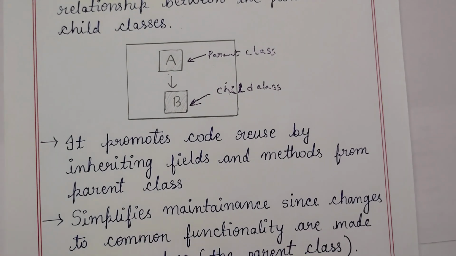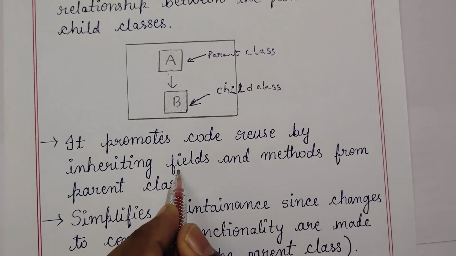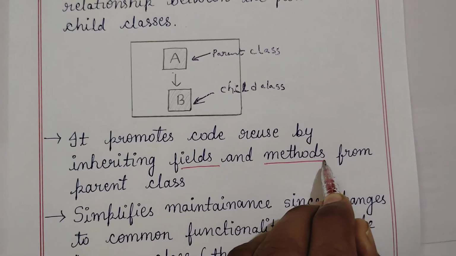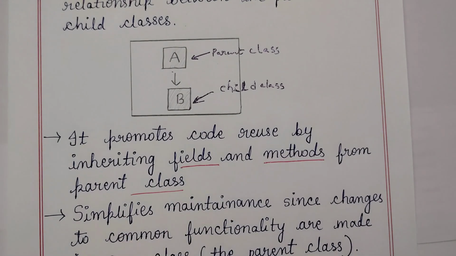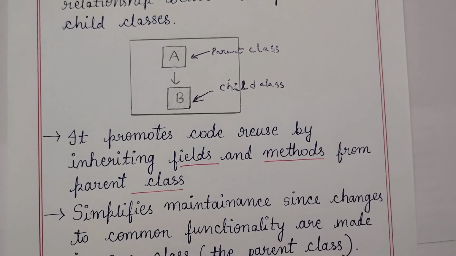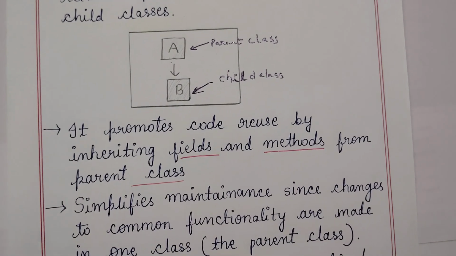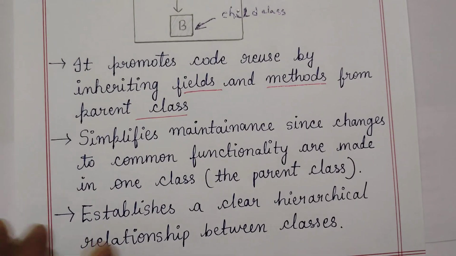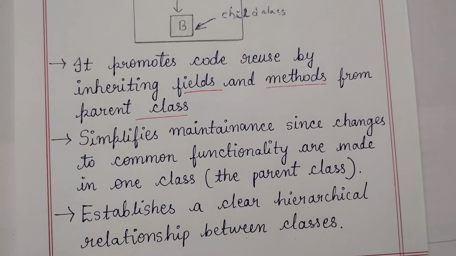It promotes code reuse by inheriting the fields and methods from the parent class. It simplifies maintenance since changes to common functionality are made in one class. It establishes a clear hierarchical relationship between classes.